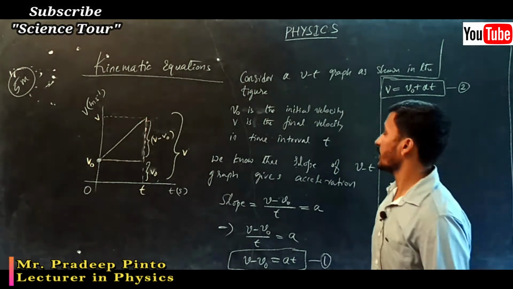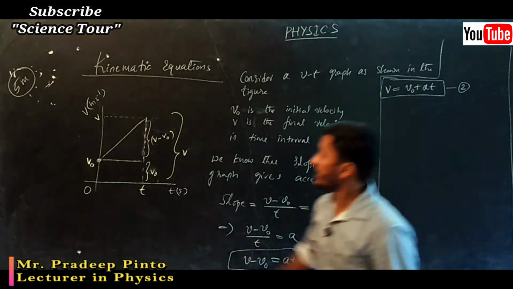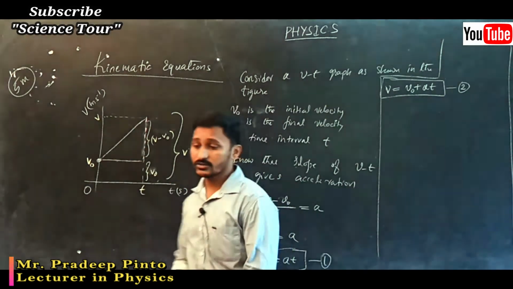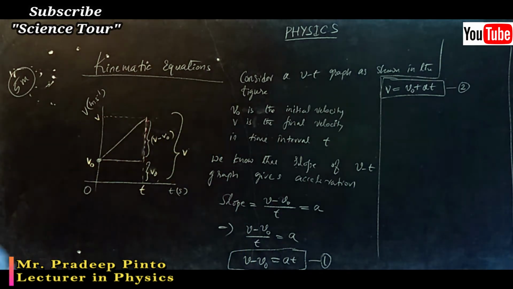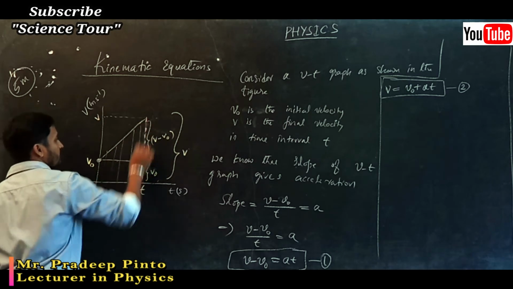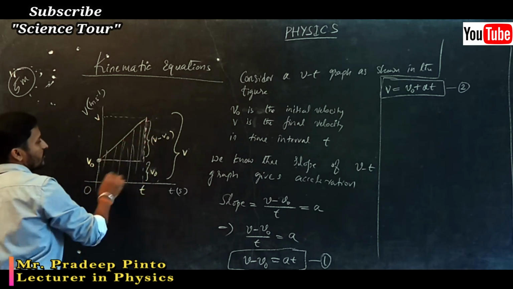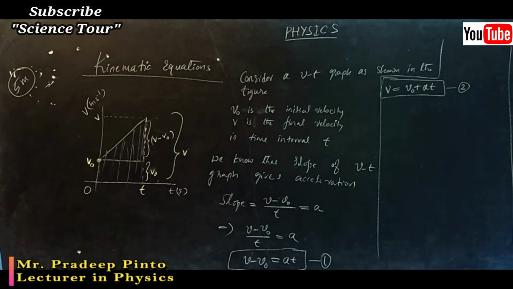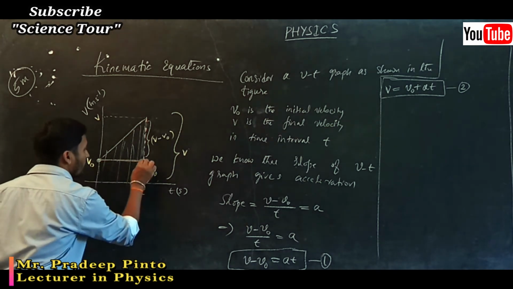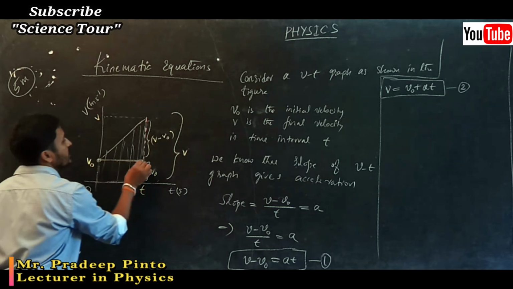Now what we are going to write down, we also know that area under Vt graph gives displacement, this is area, everything is area. So under that Vt graph what we have, one rectangle and one triangle.